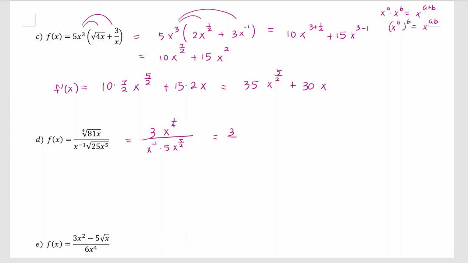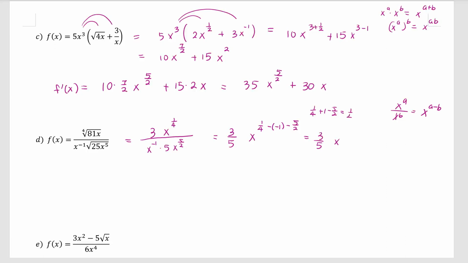So group the coefficient together. Group the x together. So this is 1. So remember, x to the a over x to the b is x to the a minus b. So 1/4 minus -1 minus 5/2. Okay, so what is that? That is 1/4 plus 1 minus 5/2.